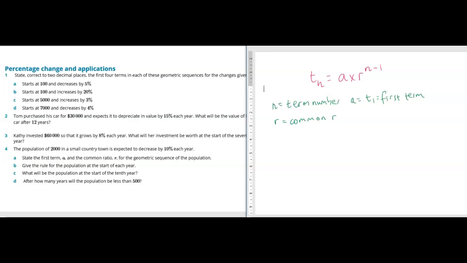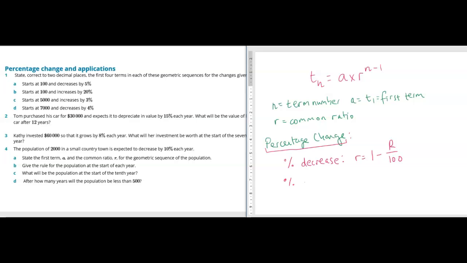Now, when you're looking at percentage change, you need to remember that you have to calculate R. So your percentage change is, if we're doing a percentage decrease, we calculate R by doing 1 minus R over 100.